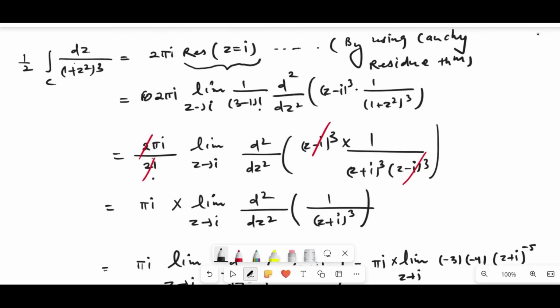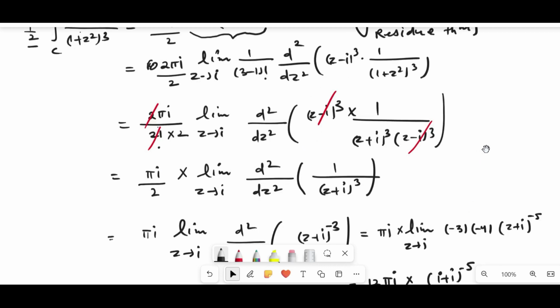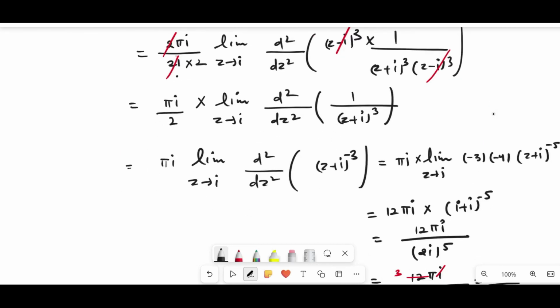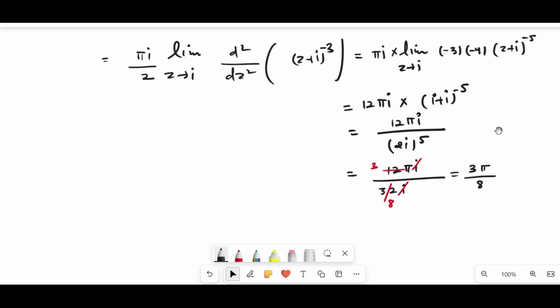So now in the whole term, because there is 1 by 2, we have to divide the whole term by 2. So that will be divided by 2, and it will give 3 pi over 16.